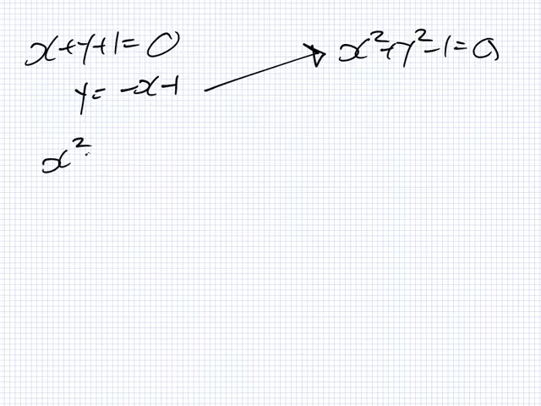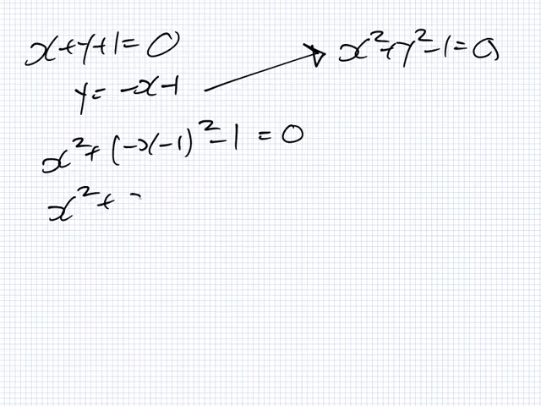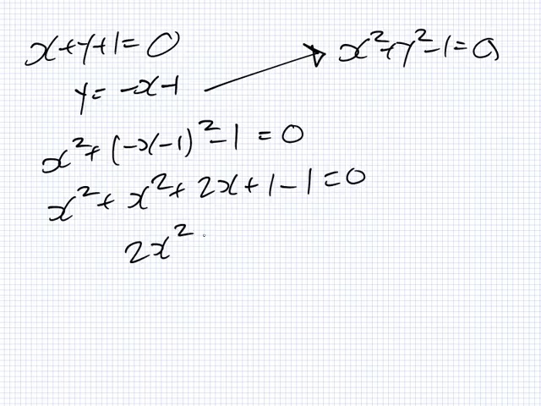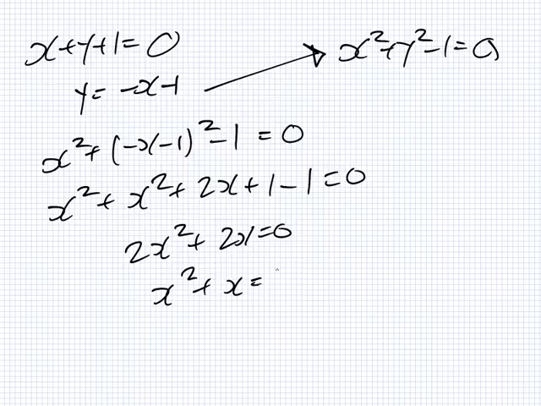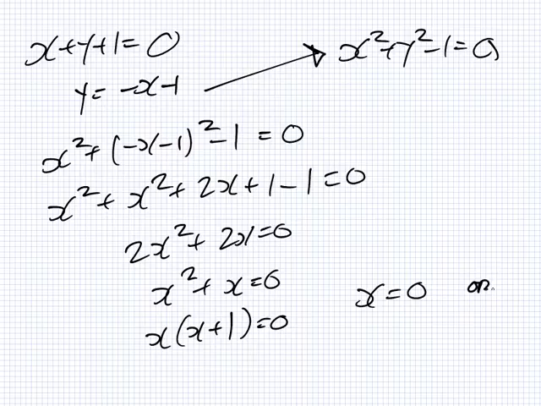I'll get x squared plus (minus x minus 1) squared minus 1 equals 0. x squared plus x squared plus 2x plus 1 minus 1 equals 0. 2x squared plus 2x equals 0. x squared plus x equals 0. x times (x plus 1) equals 0. x equals 0 or minus 1.